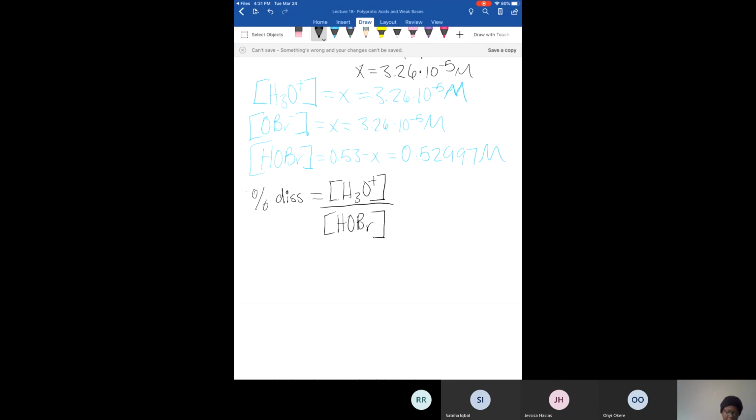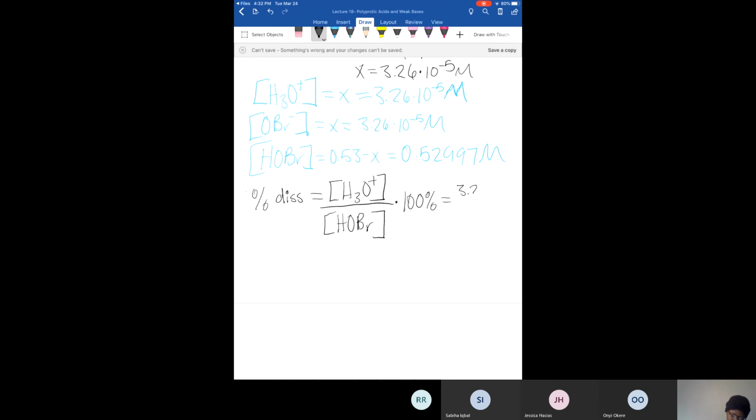In this case, because they're so similar, it doesn't matter. But for further problems, it is the original, because you're trying to see how much it dissociated from the original concentration. If your Ka value was larger and it dissociated more, you have to take that into account. You can't just use the equilibrium concentration, you have to use the initial acid concentration. And this is times 100.